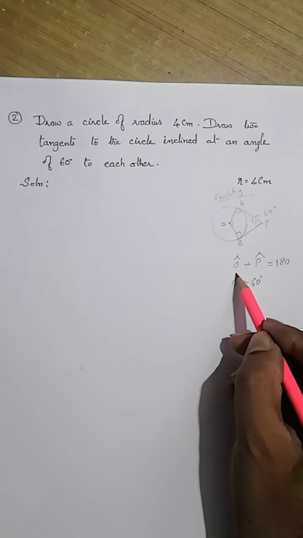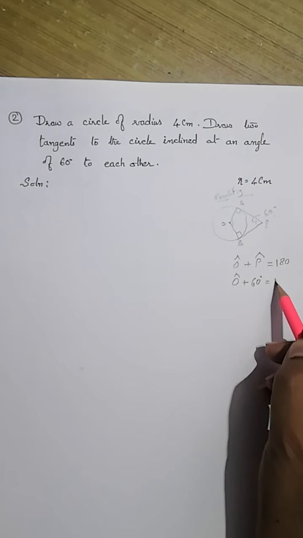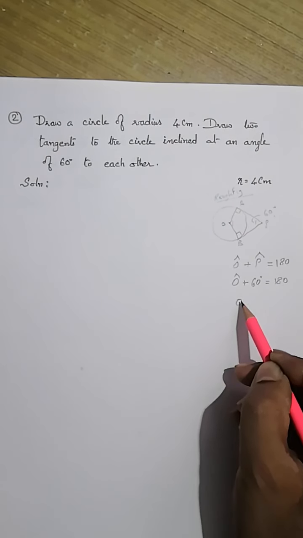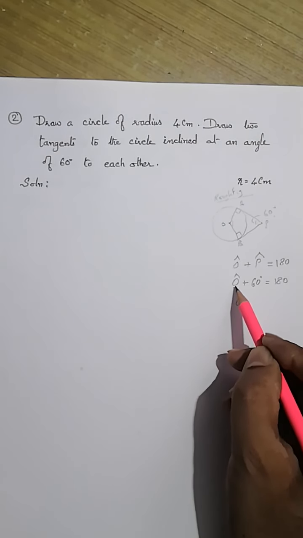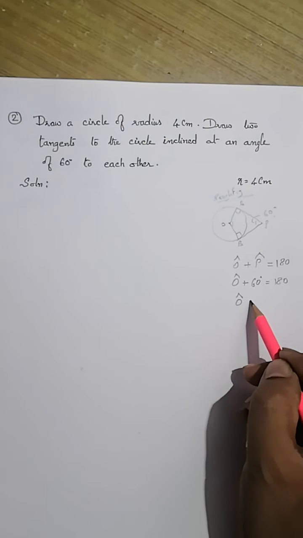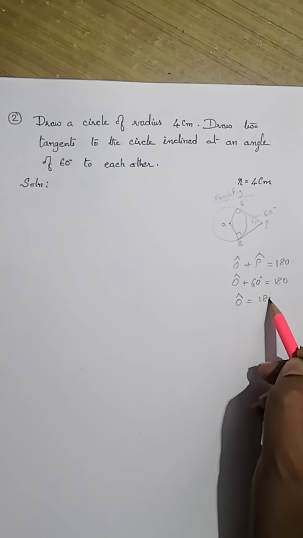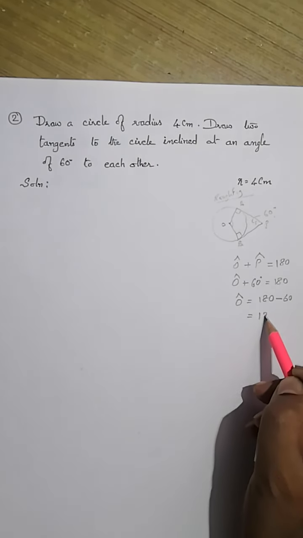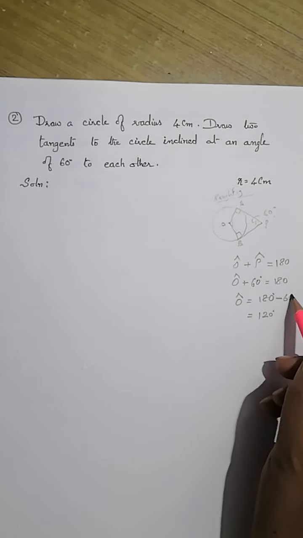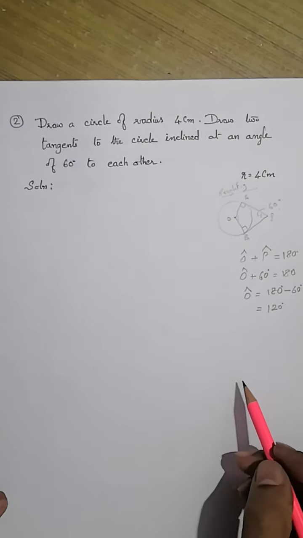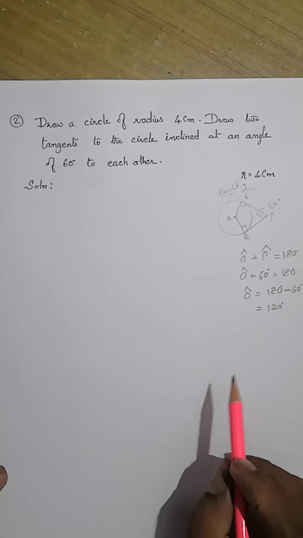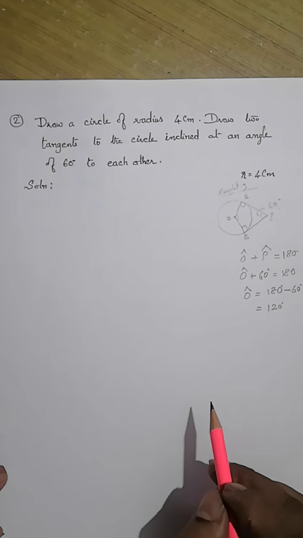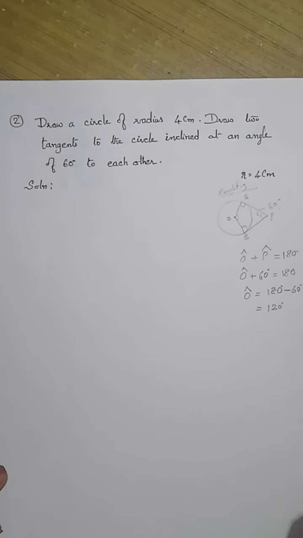We have to calculate angle O. Angle O will be equal to 180 minus 60, that is 120 degrees. So now we know the angle at the center.